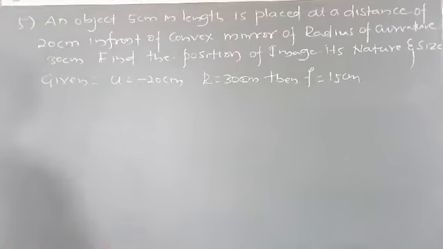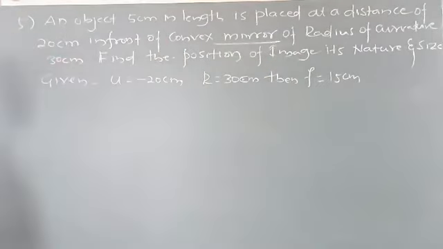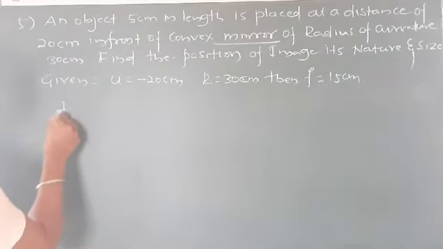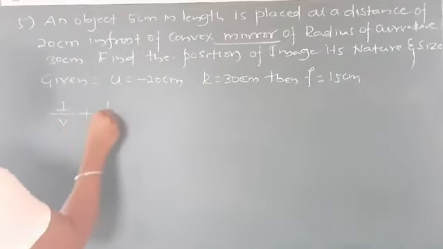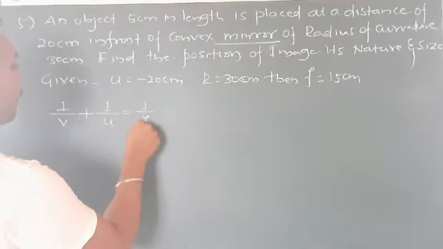So which formula do we need to use here? The mirror formula. What is the mirror formula? That is 1 by v plus 1 by u is equal to 1 by f.